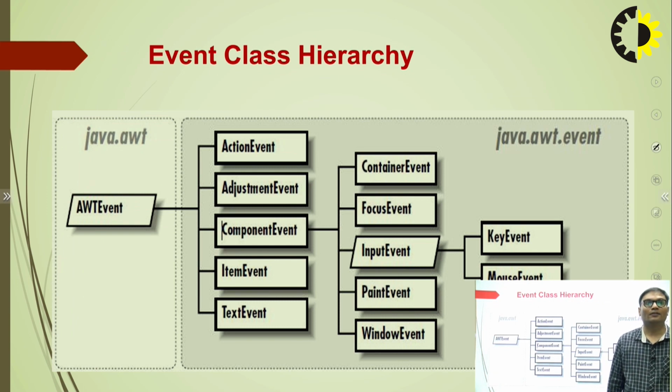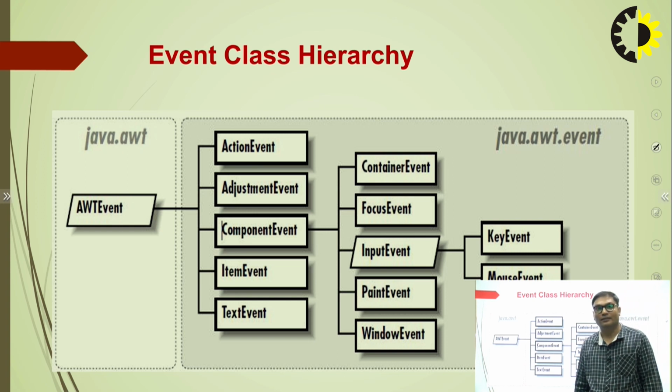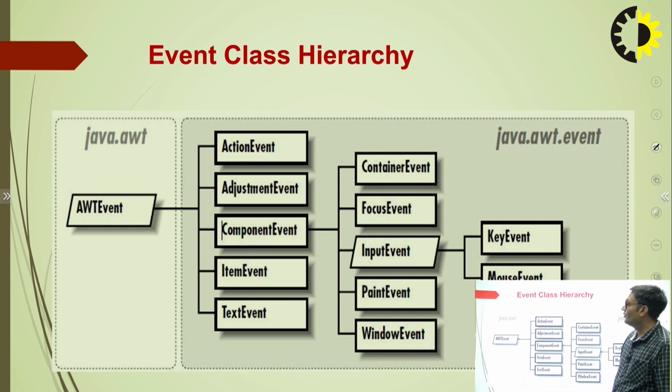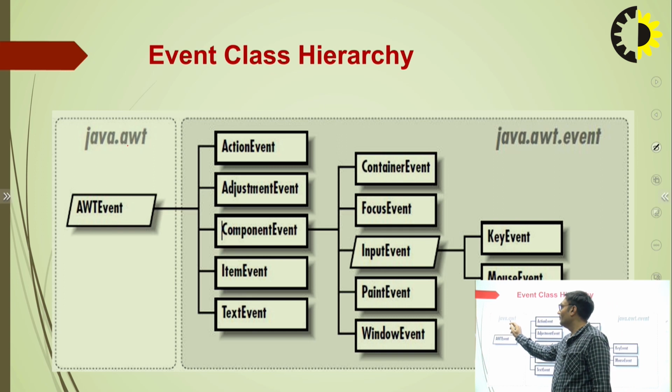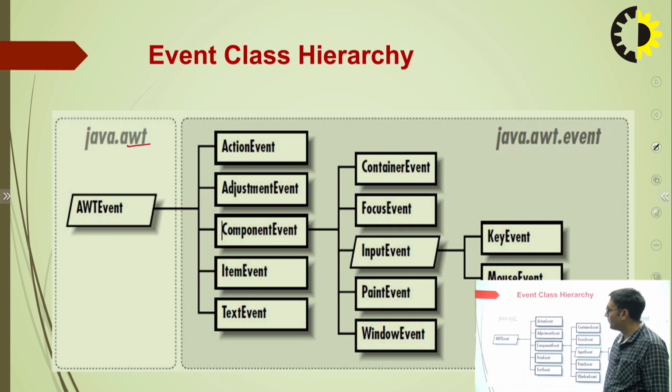Now understand the class hierarchy that is written inside this package java.awt, AWT, abstract window toolkit.